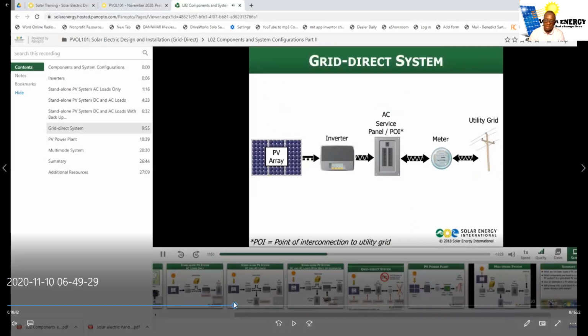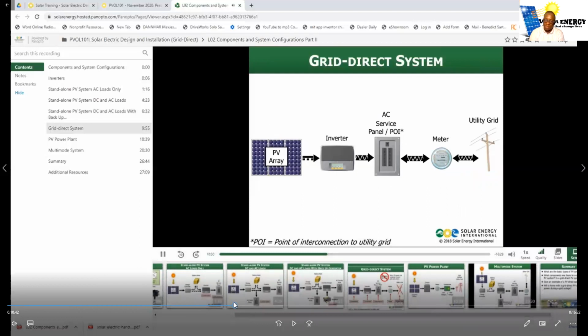We have the grid direct. What is a grid direct? Grid direct means you have a PV system mounted on your roof or whichever mounting system you choose. The PV array generates DC current and sends it directly into your inverter. Here, there is no charge controller and there is no battery. Your inverter sends the AC current to your AC service panel.